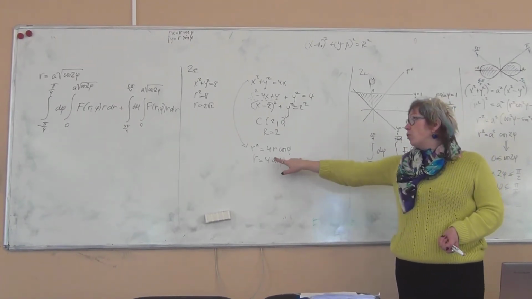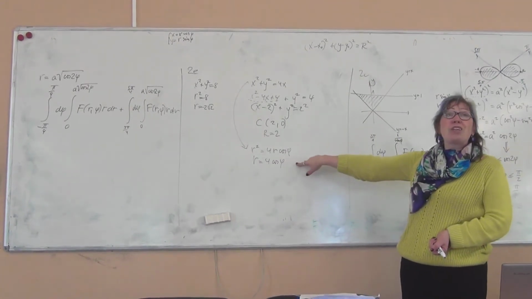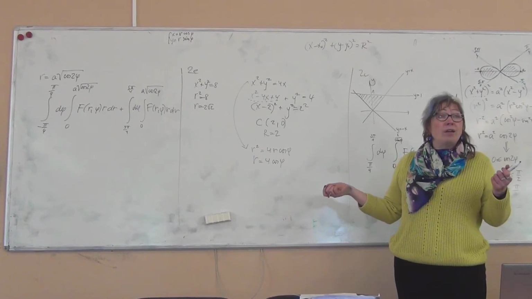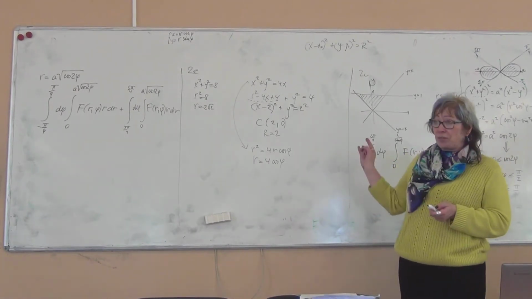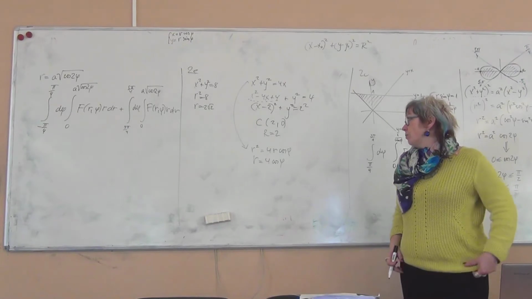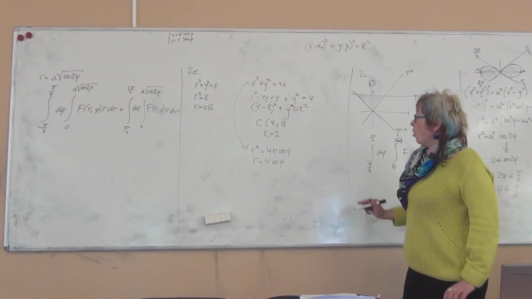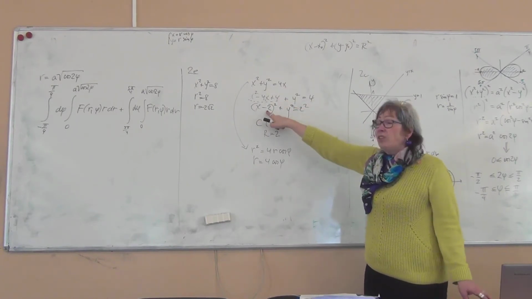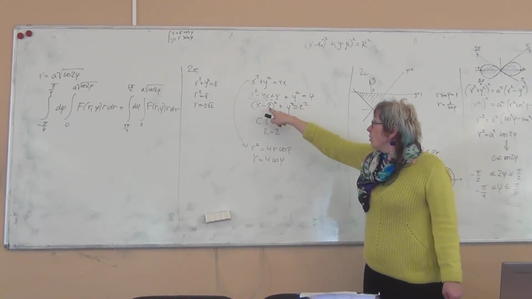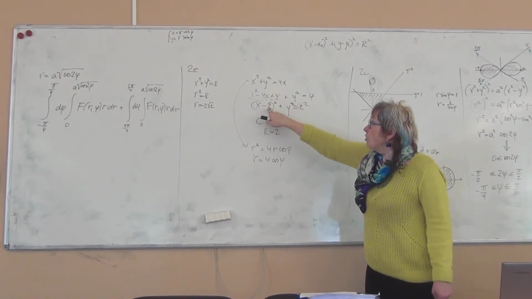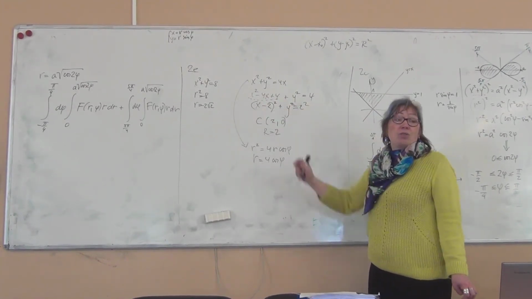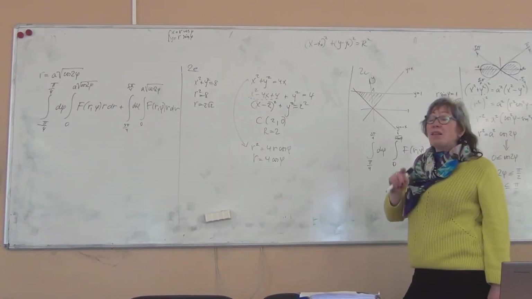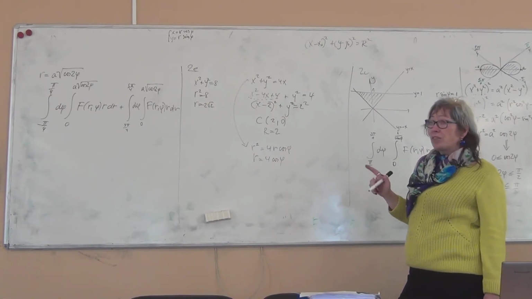And sometimes it might transform into a linear combination of these two. 4 cosine phi minus 6 sine phi would mean that the center is at (3, -2), because this 4 arises from doubling 2. It's 4 here because it's 2 times 2. So obviously a circle passing through the origin, a circle having the center on one of the axes.